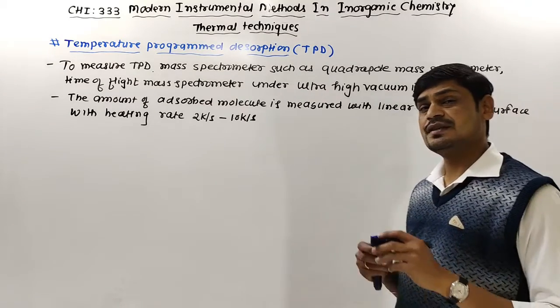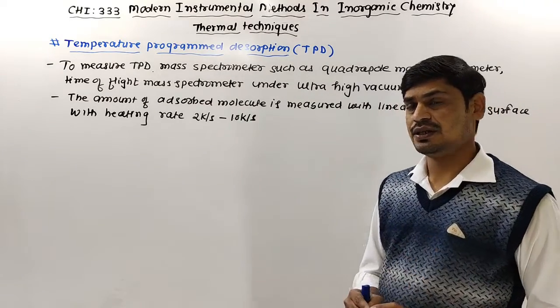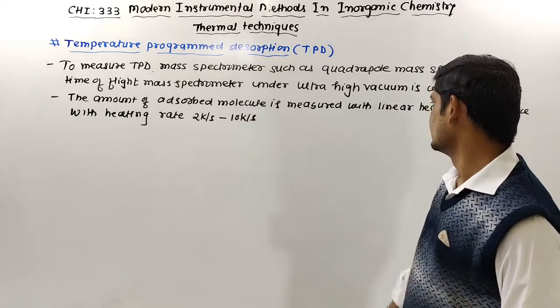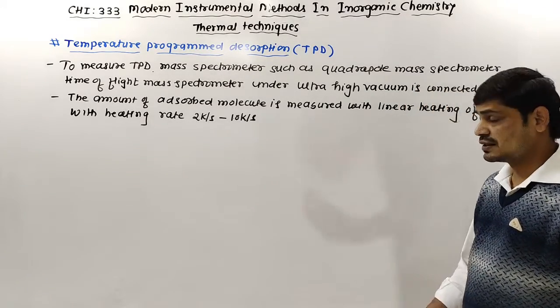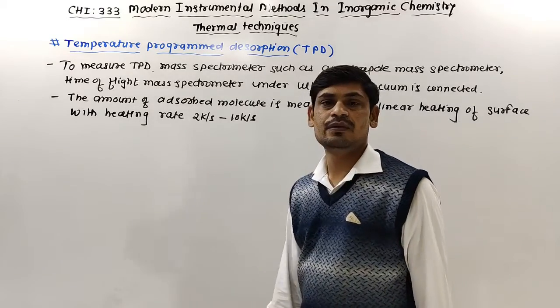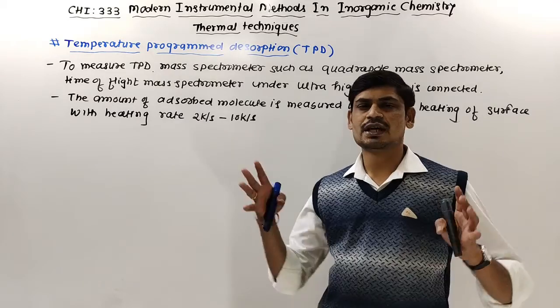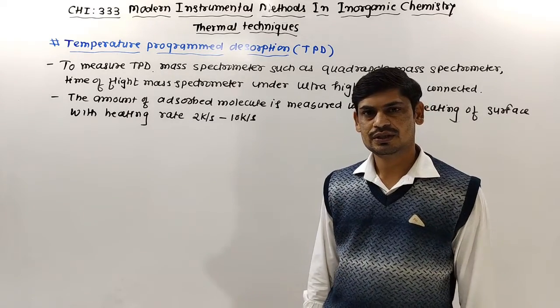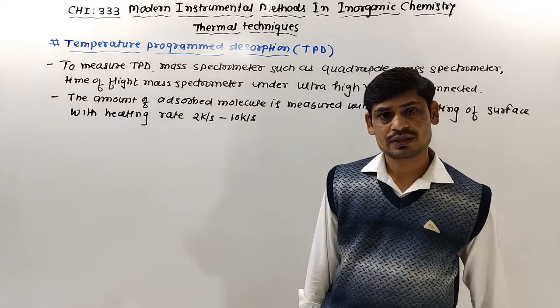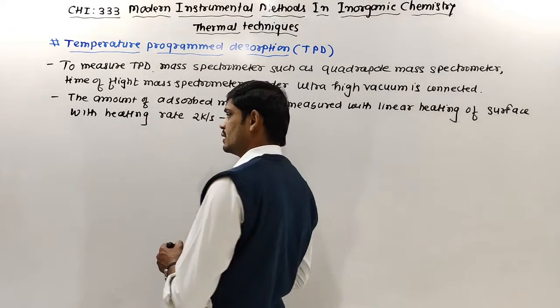Several masses can be measured simultaneously as per the knowledge of a quadrupole mass analyzer, or you can say the time of flight mass spectrometer. The number of masses can be measured simultaneously and they are recorded as a curve.